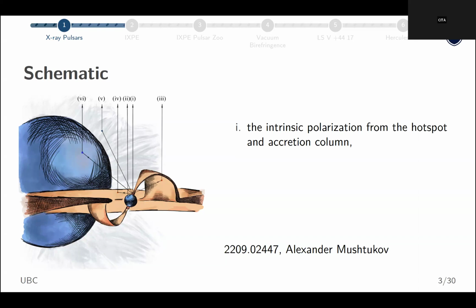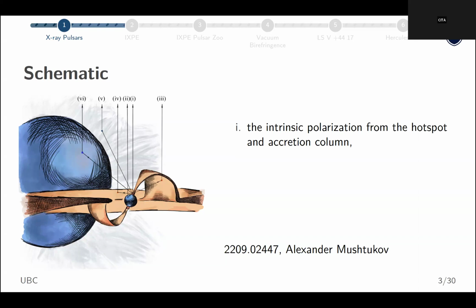They have fields maybe 10 to the 12 Gauss near their surface that we can measure by looking at cyclotron lines. That's sufficient to disrupt the accretion disk maybe at 1,000 kilometers or more. So this is clearly not to scale, because the star is 20 kilometers across.